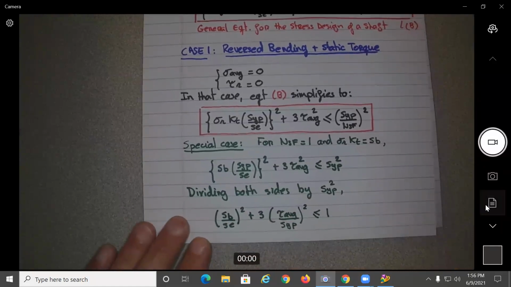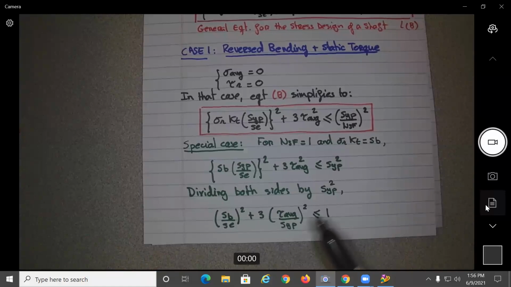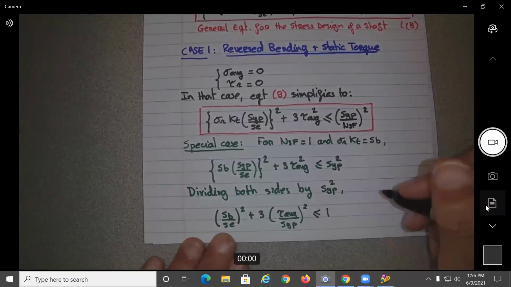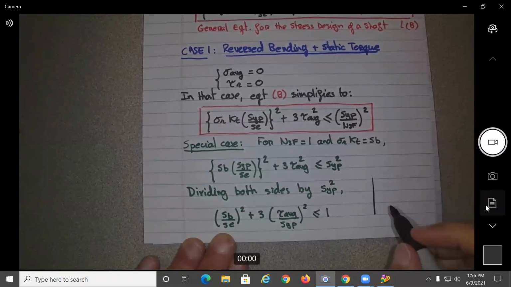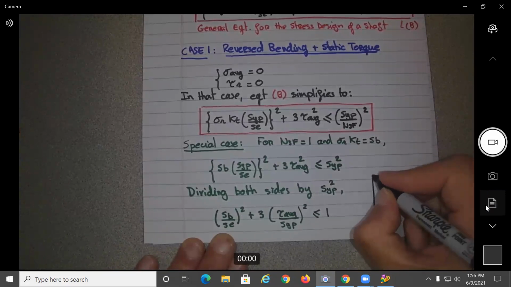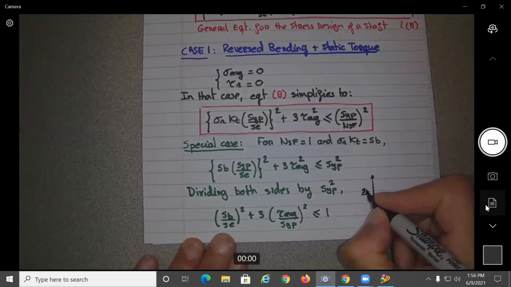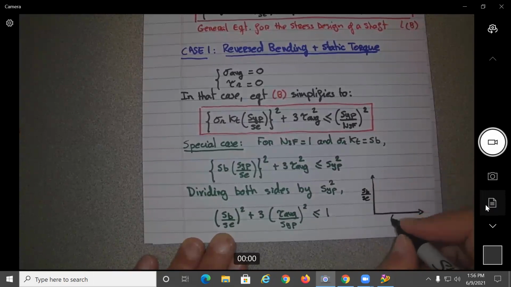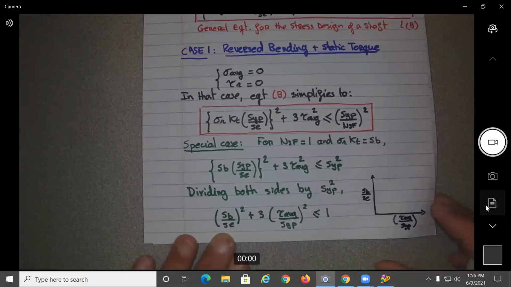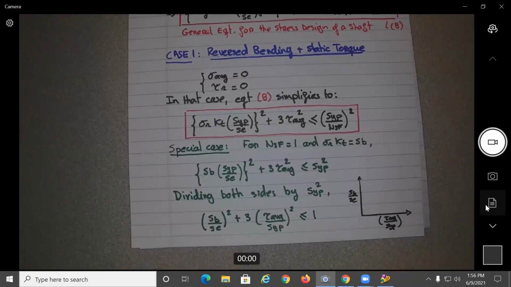Okay, so I'm not going to go to the next page. If you think about mathematics, let's say this is x, this is y. What is x squared plus y squared the equation of? Of a circle, okay? So if you plot the data this way, let's say you have S sub b over S sub e versus the tau average over S sub yp, this should give you some type of curve.